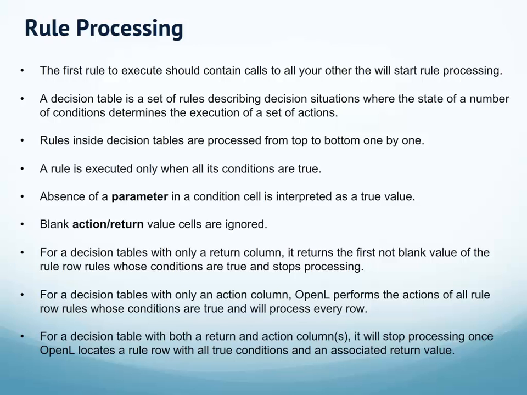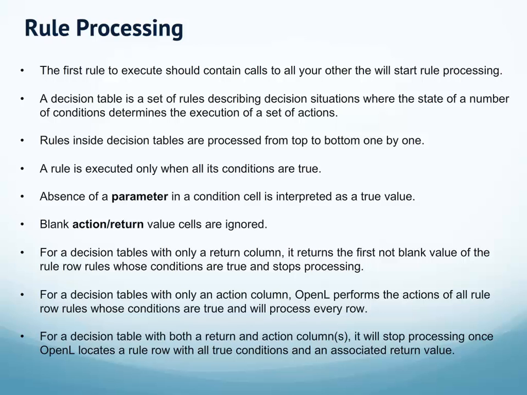And these last 2 points here for rule processing are describing what happens when you have a decision table that only produces a return value, or a decision table which performs actions as well as returns a value. So for a decision table that is only going to return some type of value, processing is actually going to stop after OpenL finds a rule row where all the conditions are true and there's an associated return value.